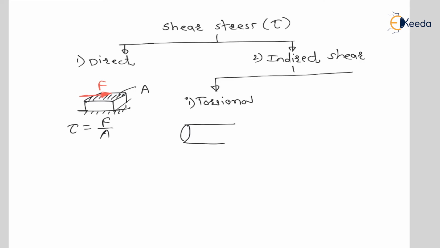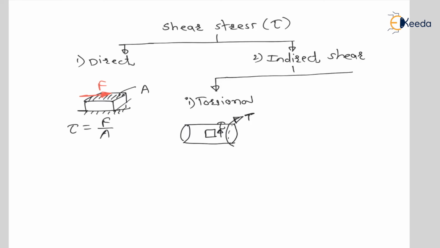If I consider one circular shaft having a circular cross section, and on the shaft torque T is applied, this T is the applied torque. Because of this applied torque, if I consider one element in the component, see, torsion is like this. Because of this applied torque, there will be torsional shear stress tau.